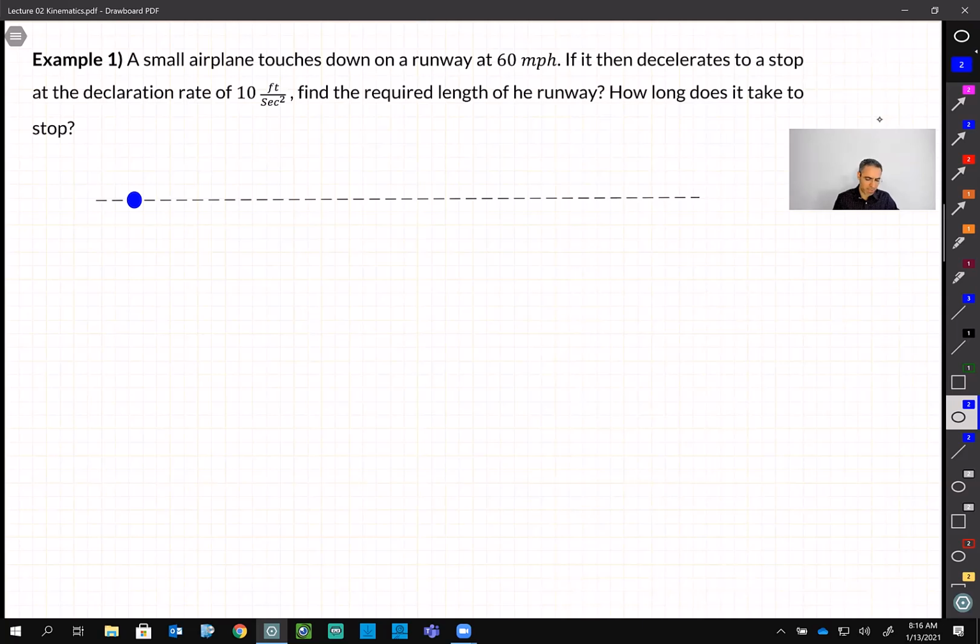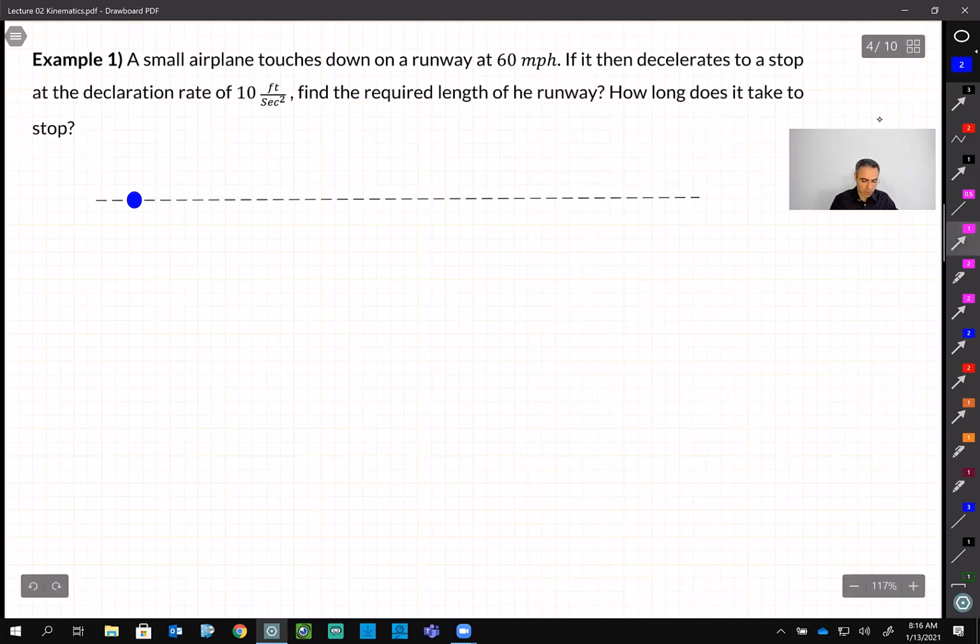So this is the airplane. And then it says, a touchdown on a runway at 60 miles per hour. So then it's the speed here, V0 is 60 mph, where m stands for mile, p always stands for per, right? Mile per hour.